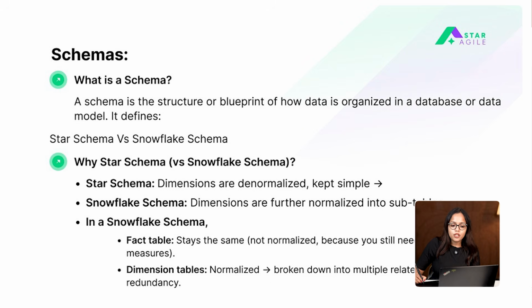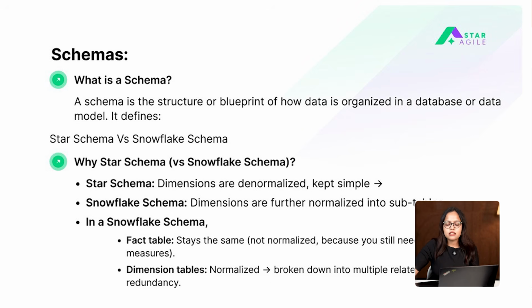In your star schema, your dimensions are denormalized, which means it's just kept simple. Whereas in your Snowflake schema, the dimensions are further normalized into subtables, which means it is broken down, right? Remember guys, only your dimensional tables are normalized and denormalized. Your facts remain the same because you obviously cannot meddle with the numeric information, isn't it?